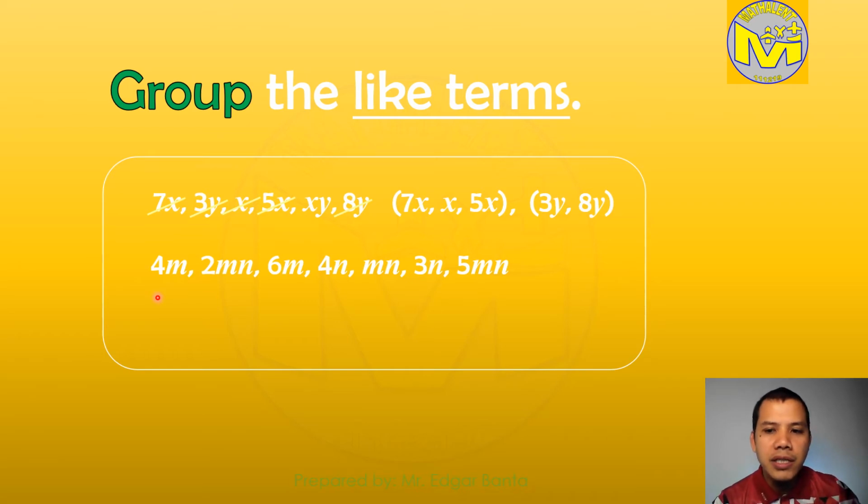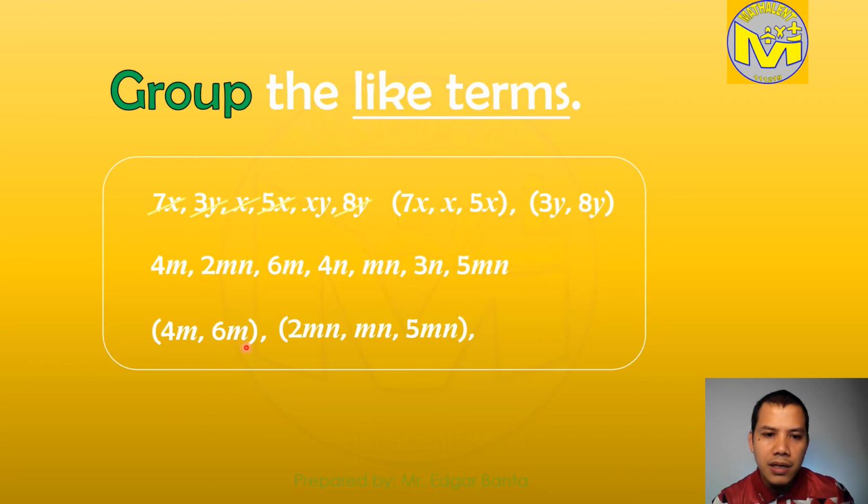Remember, always arrange the groups in alphabetical order. So, M is first. We have 4M and 6M. Put inside a bracket and then separate by a comma. Next group, 2MN, MN, and 5MN. Put inside a bracket and separate by commas.